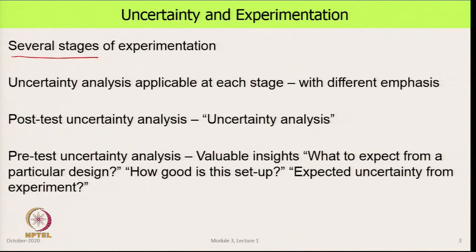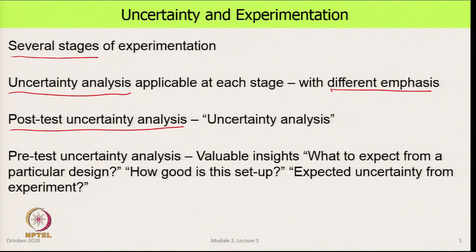Now, in all these stages at different times, we use uncertainty analysis with different emphasis. Sometimes we want it just for a quick glance, sometimes we want to establish a firm number, and at the end, which is what we call as post-test uncertainty analysis. This is when we do a complete calculation of uncertainty in every measurement and the results and present our findings and conclusions in light of those uncertainties.